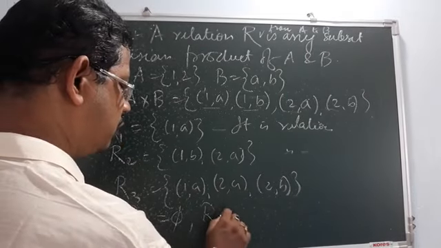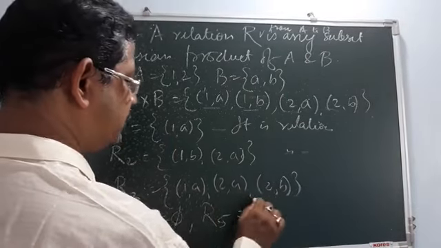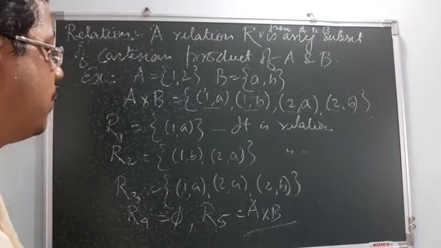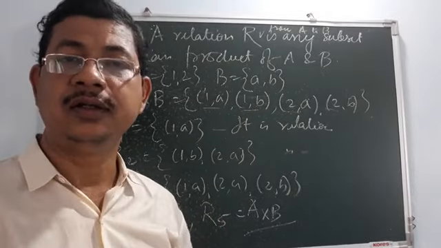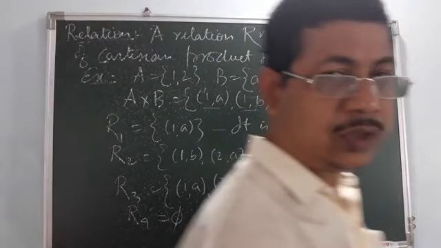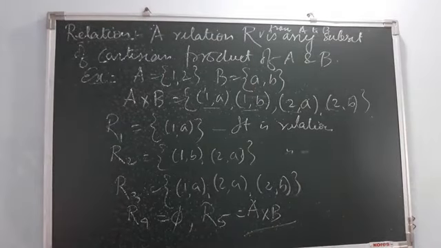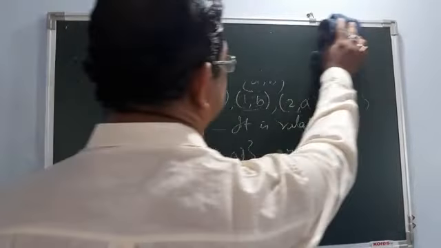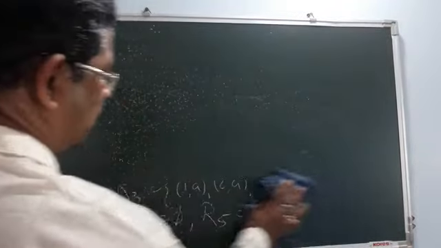Or we can take the total set A cross B, which is an improper subset, and that is also a relation. So a relation is any subset from set A to B; even the null set can be taken as a relation.